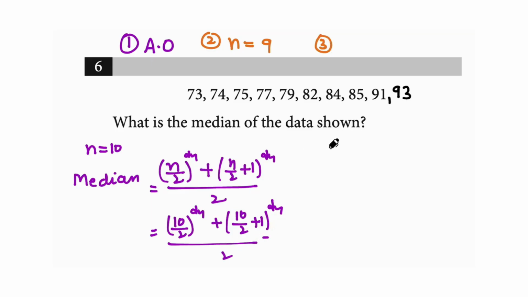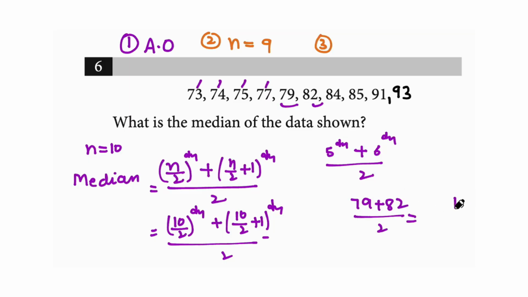So 10 by 2th is the fifth observation, and 10 by 2, 5 plus 1, is the sixth observation, divided by 2. So the fifth observation is 1, 2, 3, 4, 5 and this. So 79 plus 82 by 2, 161 by 2, 80.5 is the median. So first you have to check whether the number of observations is even or odd, and then apply the formula.